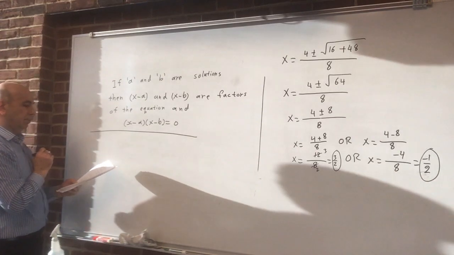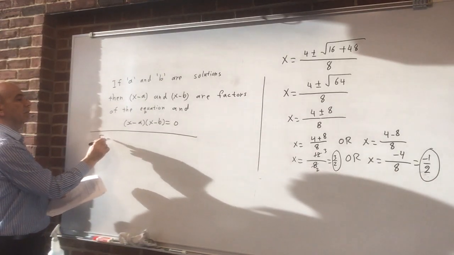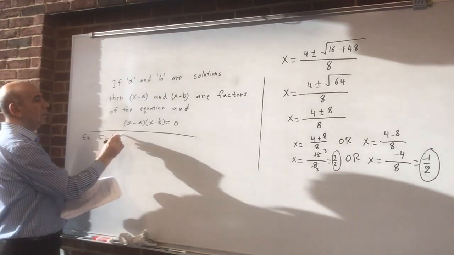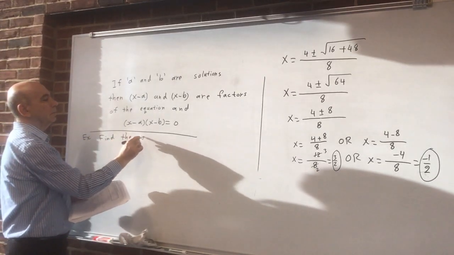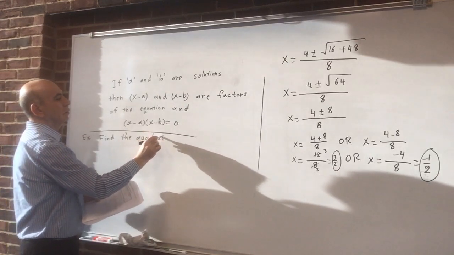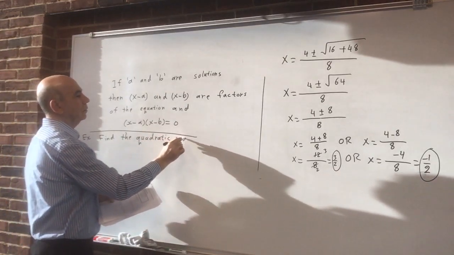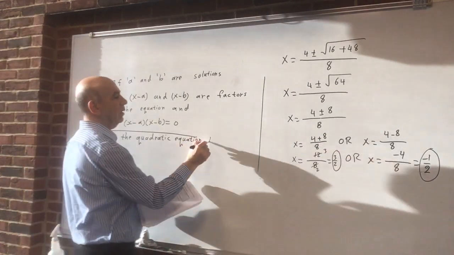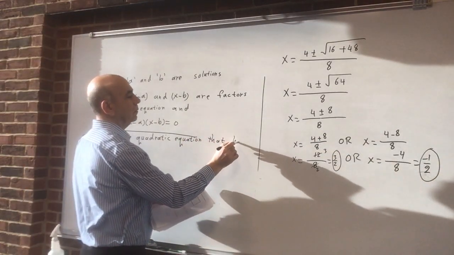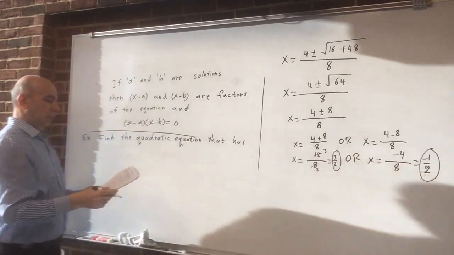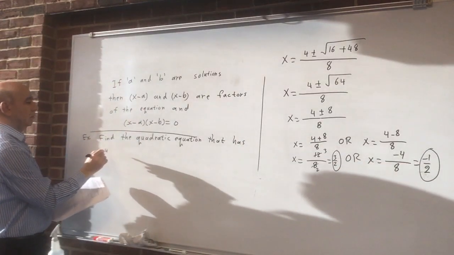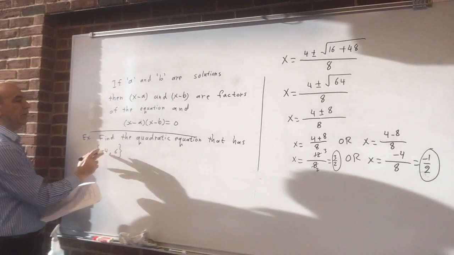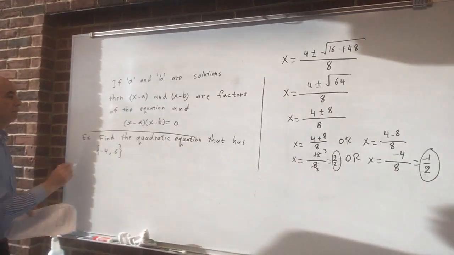So for example, find the quadratic equation that has solutions negative 4 and 6.